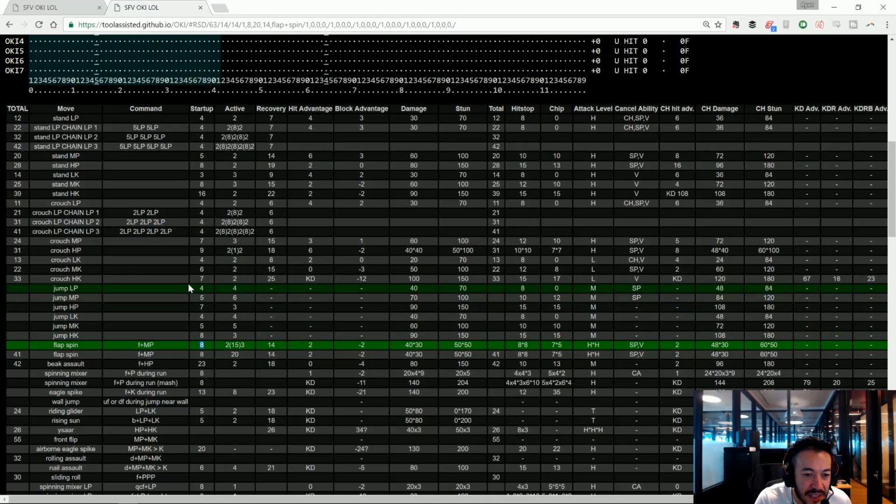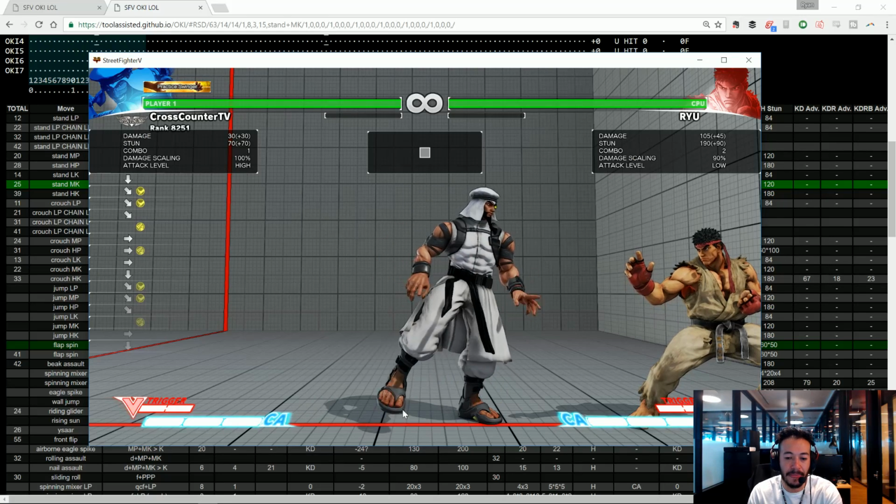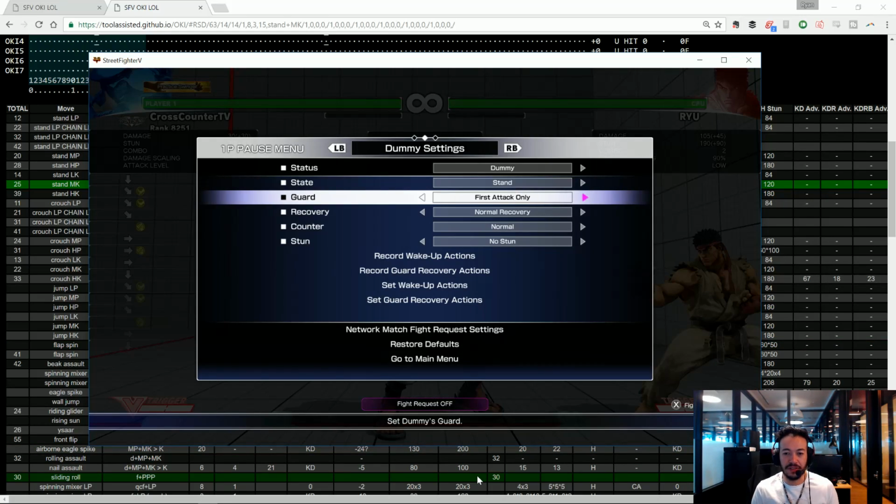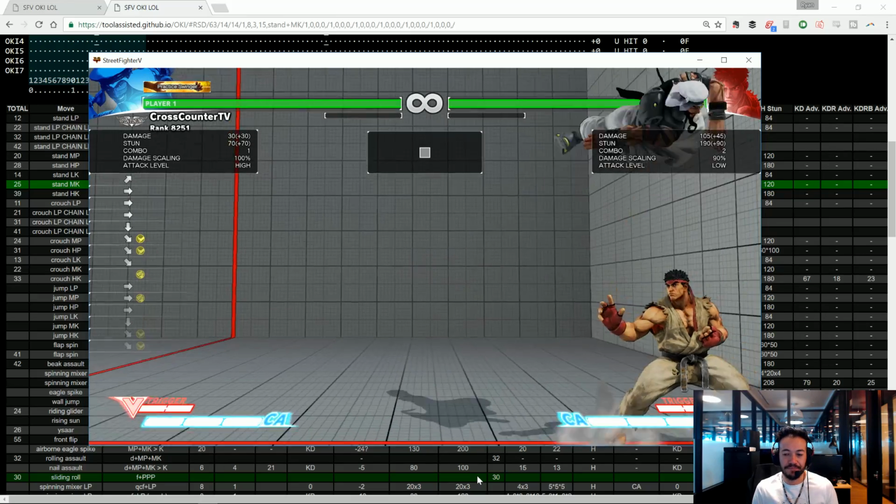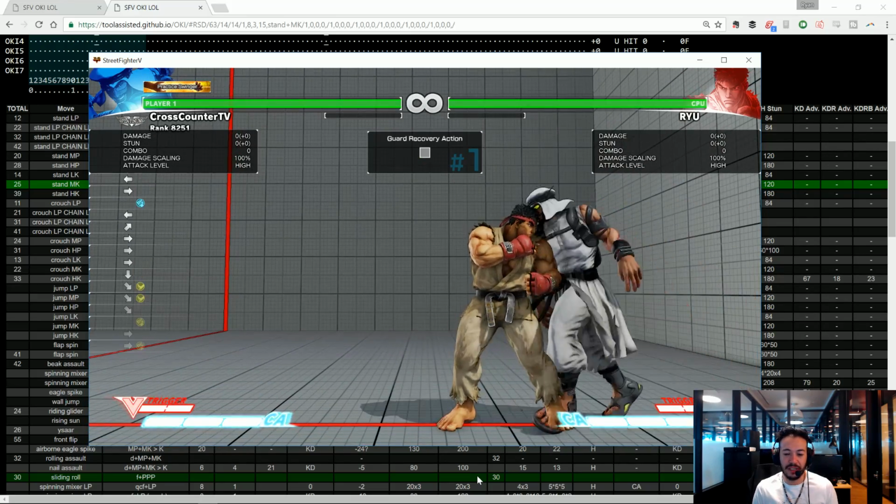Standing fierce, standing medium kick, and forward medium punch are all moves that are +8, so that we can connect with our counter hit afterwards.